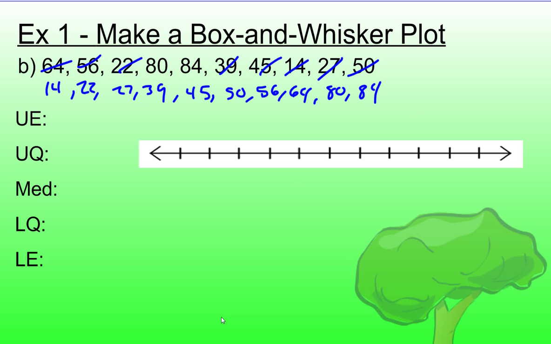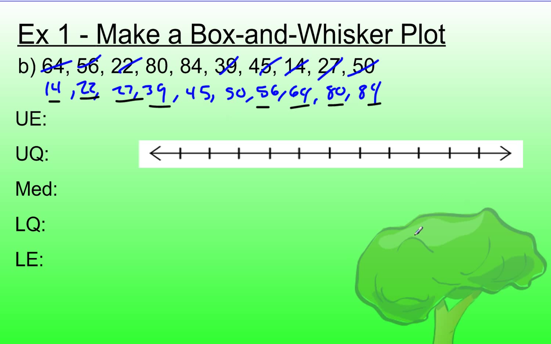Let's find the middle. So small, big, small, big, small, big, small, big, 2 in the middle. Now, I remember we did this before. When we have 2 numbers in the middle and we're finding the median, you have to add them up and divide by 2.